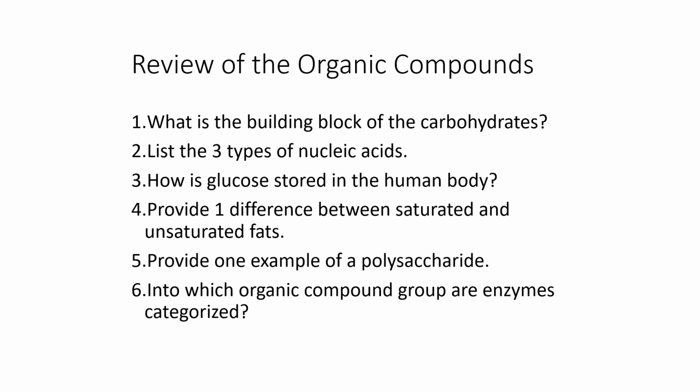And finally, most saturated fats are produced by animals, while unsaturated fats are produced by plants. Polysaccharides, for number 5, could be cellulose, could be glycogen, one more, could be starch. And then finally, number 6, enzymes are classified as proteins.